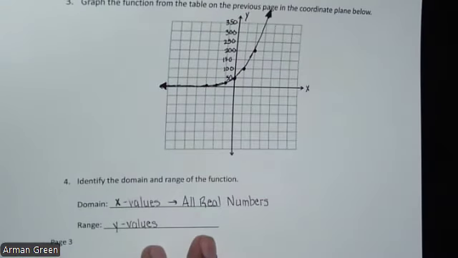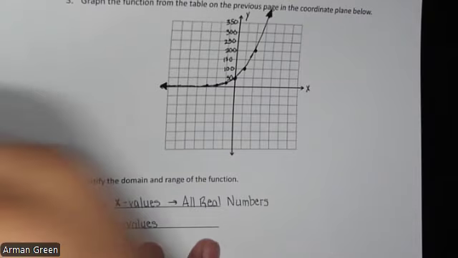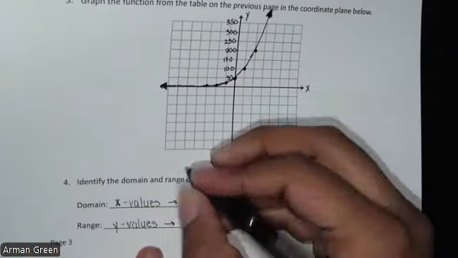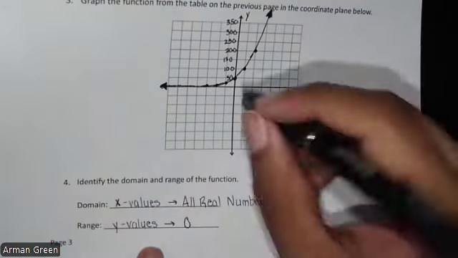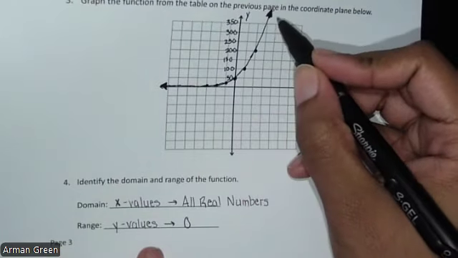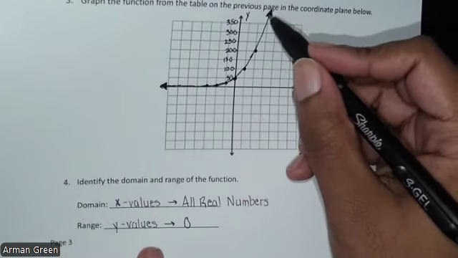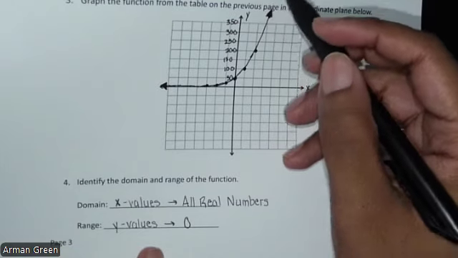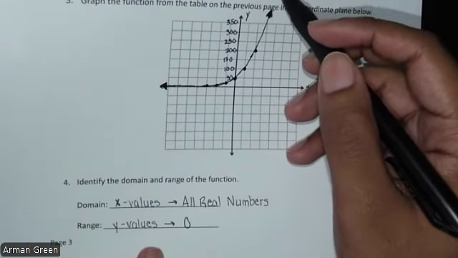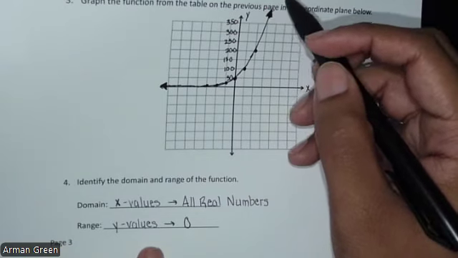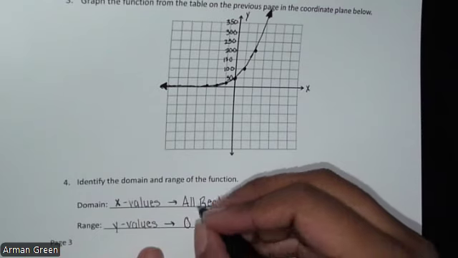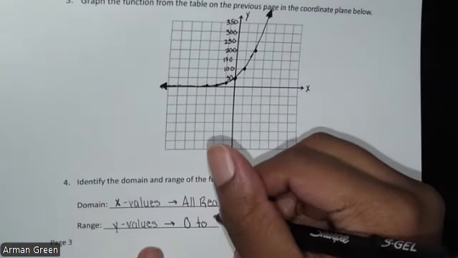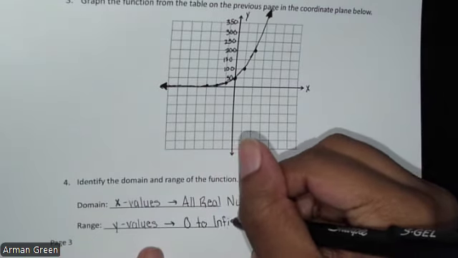So that means that our lower bound, or the smallest number that we can potentially reach with this graph, is 0. But if we go towards the right, we see that this arrow is pointing up, which tells us that it's going to keep going up and up forever and ever, which means that it's basically going to go off towards infinity. So that means that our range is going to be from 0 to infinity.